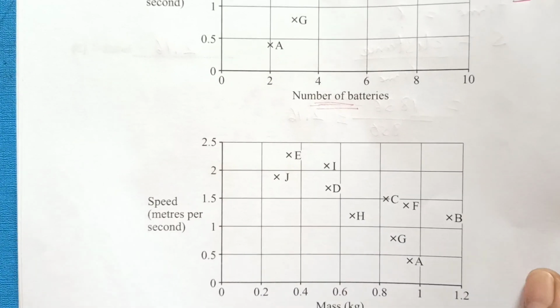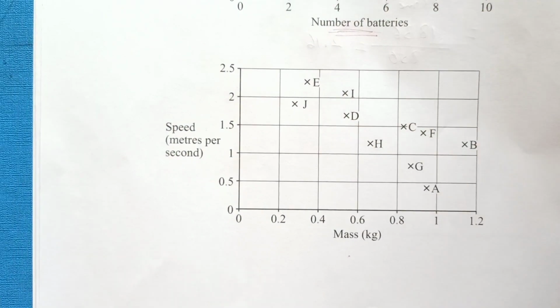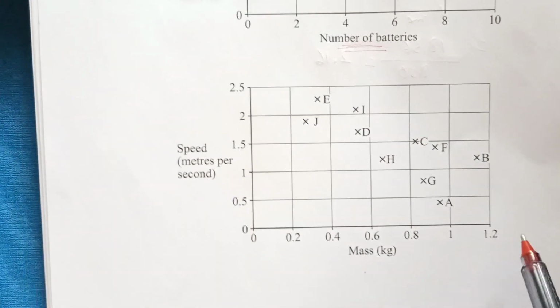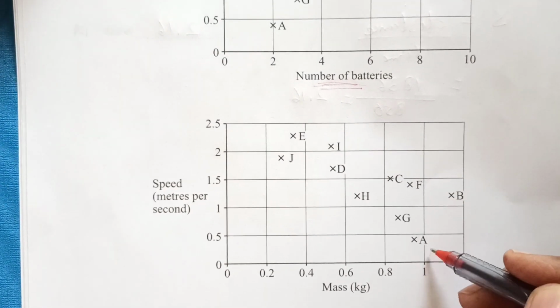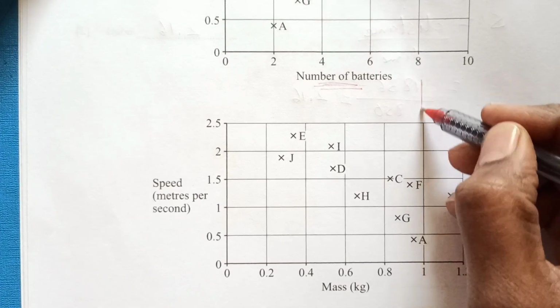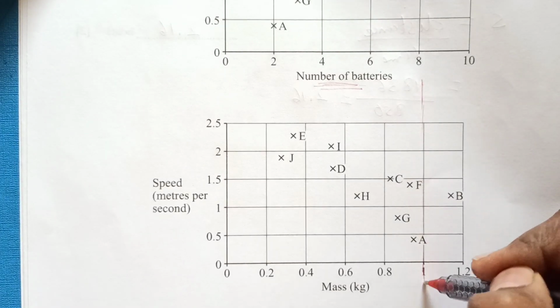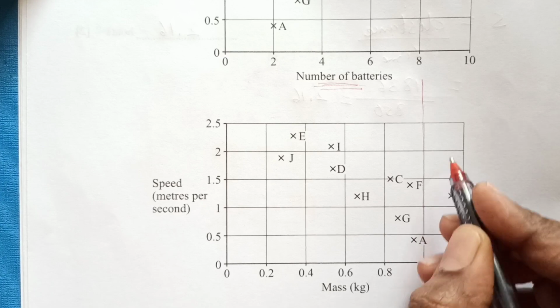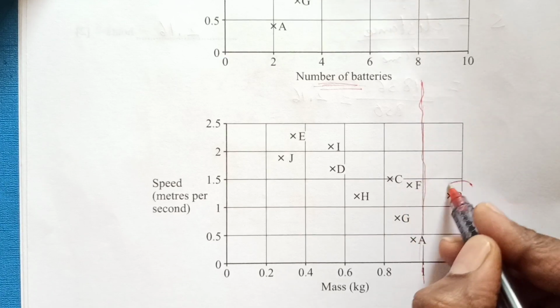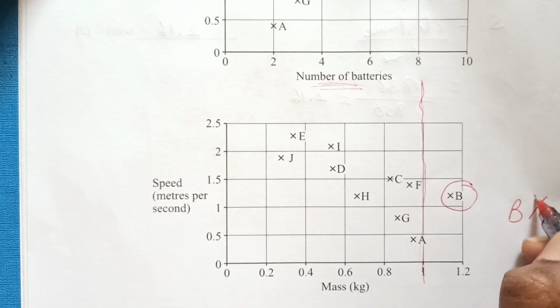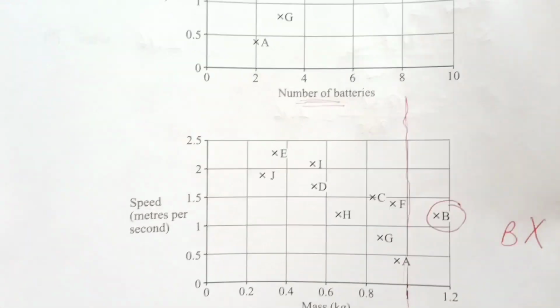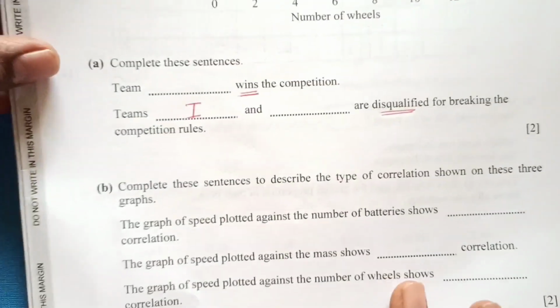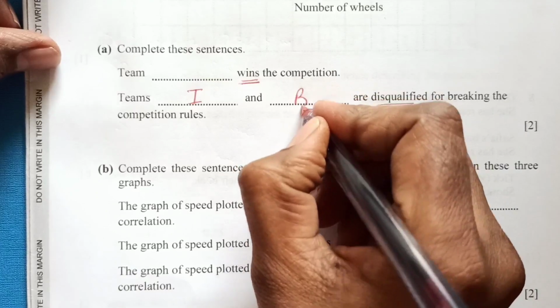Maximum mass should be 1 kg, so this is the line of 1 kg. Which team is outside this boundary here? It is B. So B is also disqualified. So we have another team which is disqualified, that is B. So we can put B here.